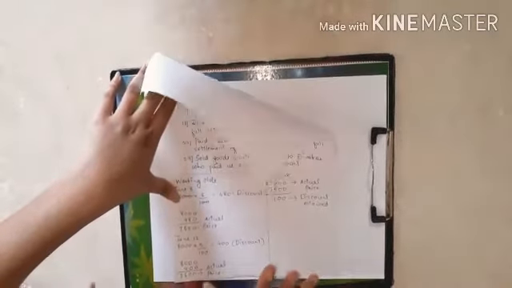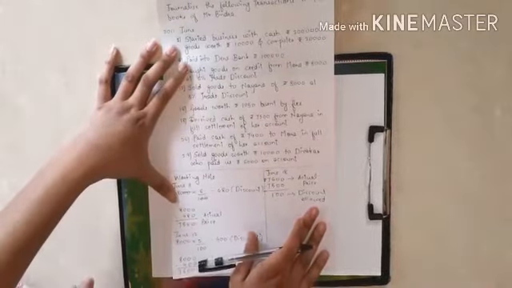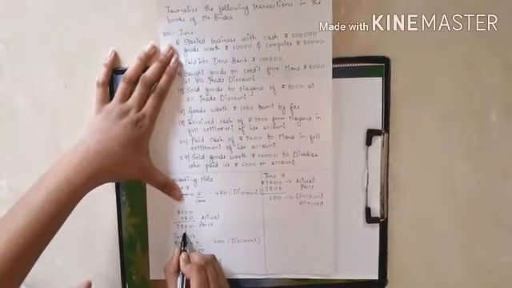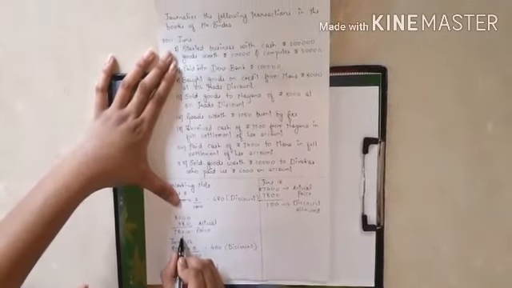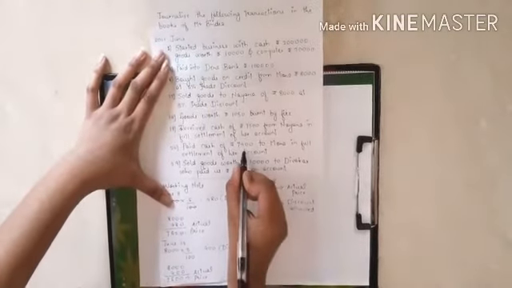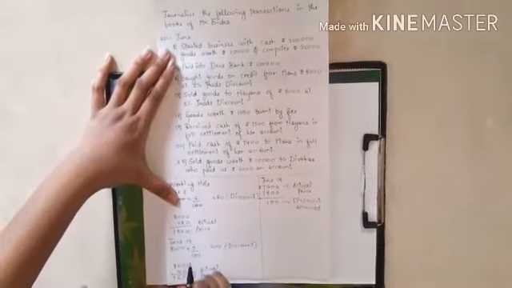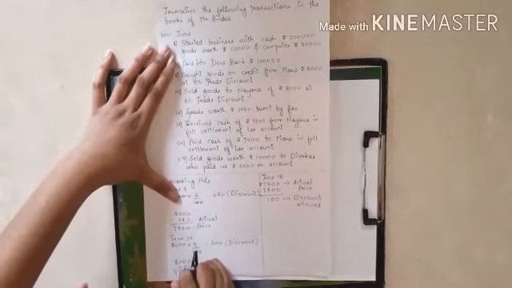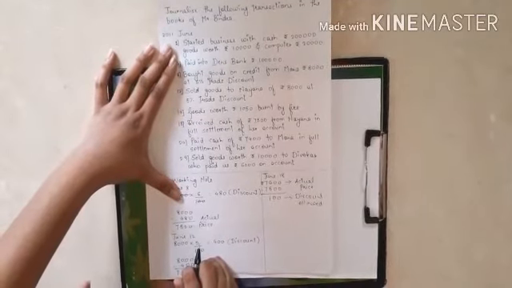So the actual price of goods that we bought was rupees 7,520, but at the time of payment we just paid rupees 7,400 to Mona. So we have to calculate the actual discount that we have received from Mona.